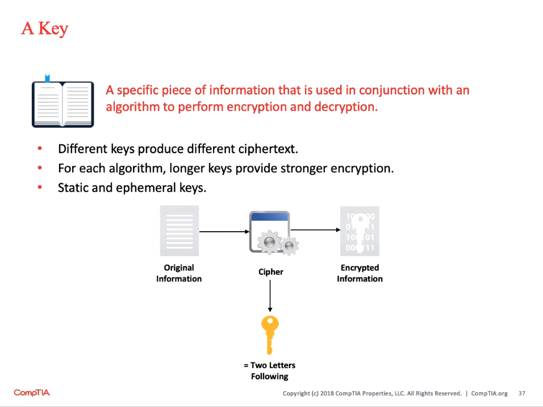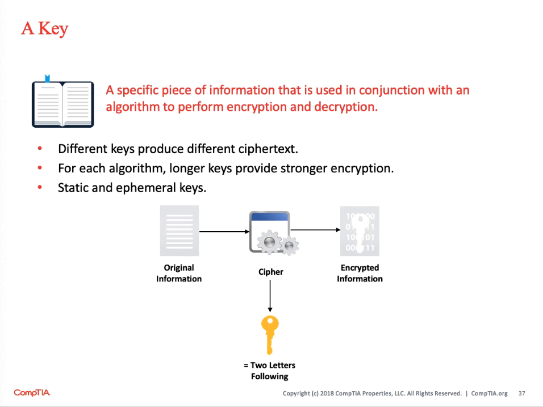A key itself. So a key is a specific piece of information that is used in conjunction with an algorithm to perform encryption and decryption. So different keys are going to produce different ciphertexts. They can be used with the same algorithm, but they're going to produce different output, right?